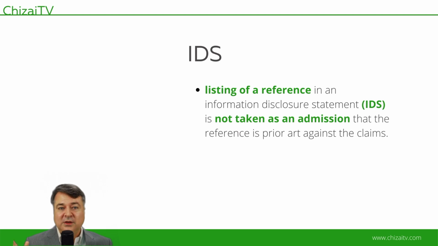Don't call anything prior art or make any admissions in your IDS, because if you say something is prior art, that could be prior art against you. But if you just list the reference as disclosure with no comments, then you'll probably be safe, and listing the reference would not be an admission as prior art.